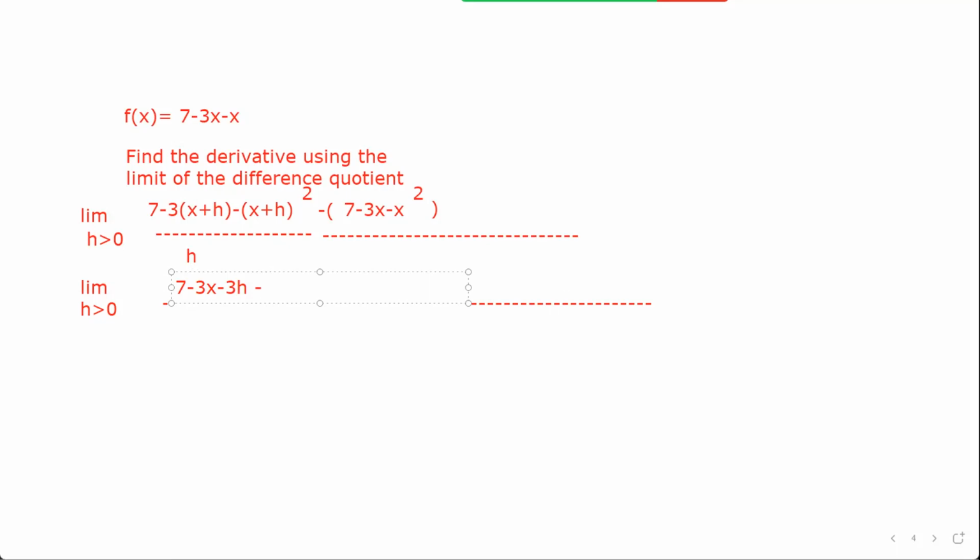Minus, right? Now I'm going to write it like this so that you can see it. Some people can do this in their heads at this step. If you can't, don't worry, you can do it on paper.